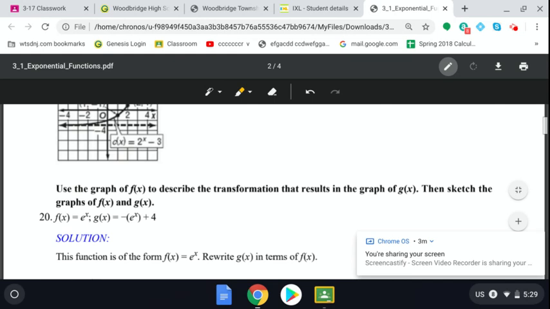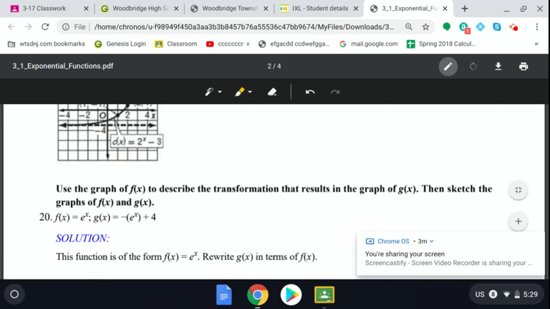For number 20, you're being asked to compare those two functions. The parent function is e to the x. You should know that natural base e is greater than 1, or 2.718. So here you see a negative, which means this function is going to be reflected, and it's also going to be shifted 4 units up. That's what I see.